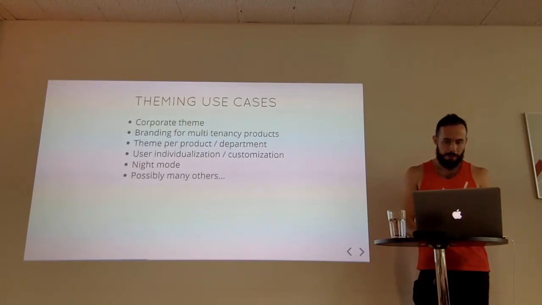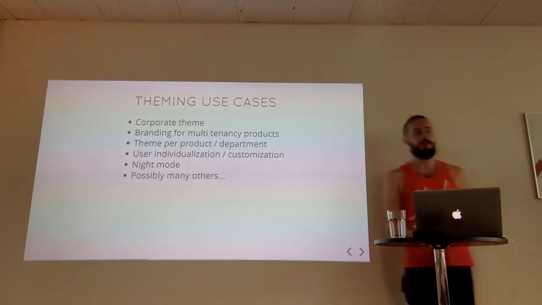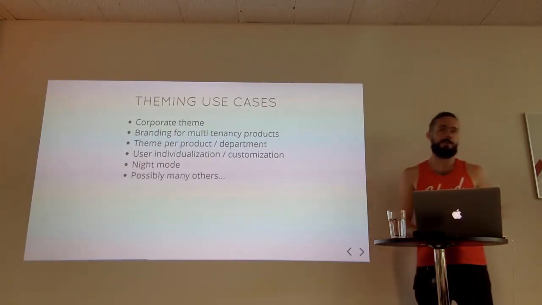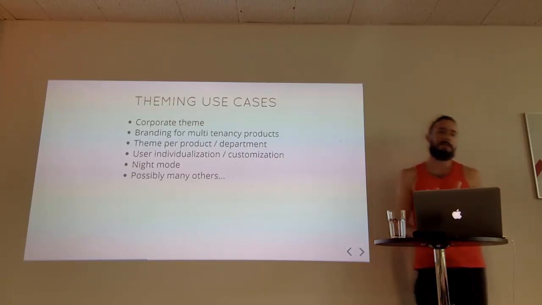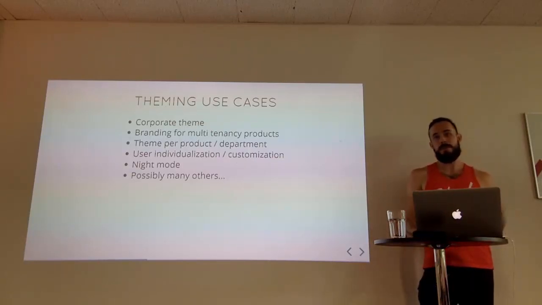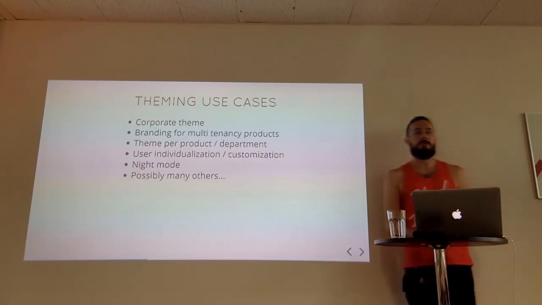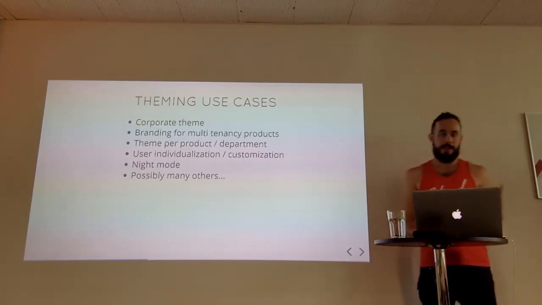And okay, so let's get to our main topic. Theming: why we may want theming capabilities in our application, and why would we want to implement something like this? Let's start with the most basic example. We are building an application for our company, where we are employed. And this company, of course, has some design manual with defined colors, fonts, logos and all these things, because it wants to present some branding to its end customers.